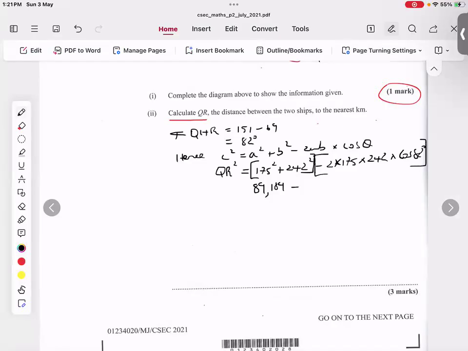All right, so she's getting 11,787.96. Confirm that. Correct, sir. All right, go ahead and do the subtraction. Thank you. So this is QR squared. When you do the subtraction, what are you getting?